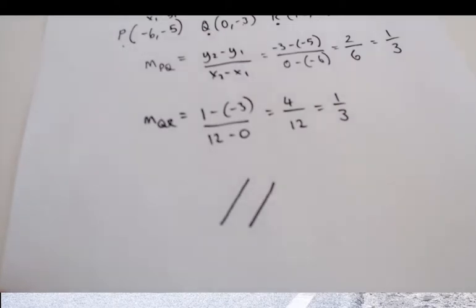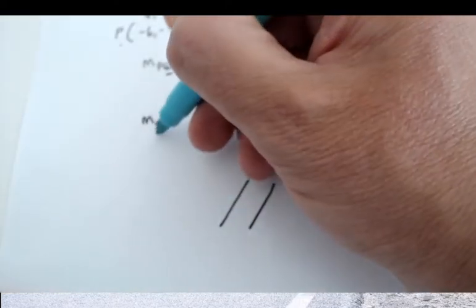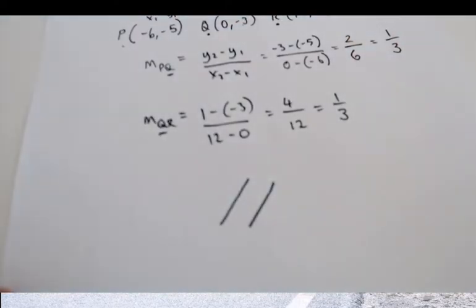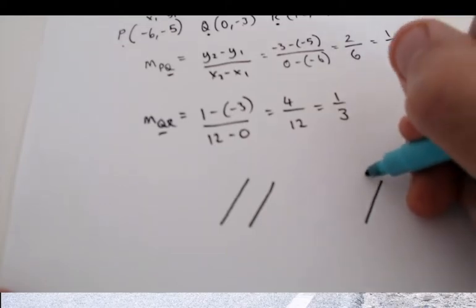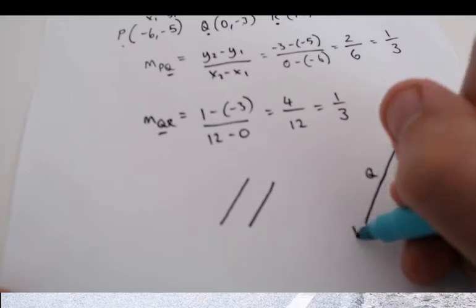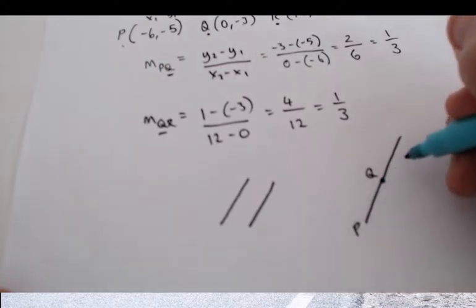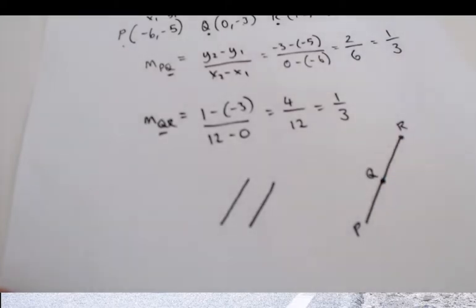What takes this from simply being parallel to being collinear is the fact that both these lines go through point Q. There's Q, P to Q, Q to R. As both lines go through Q, it now means that they are collinear.